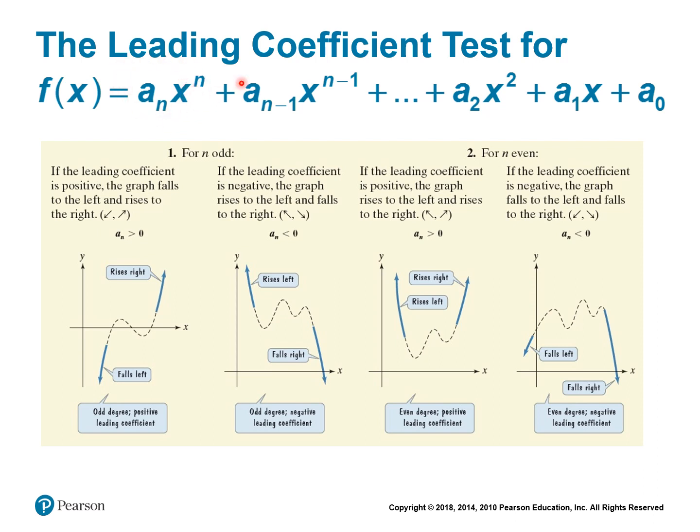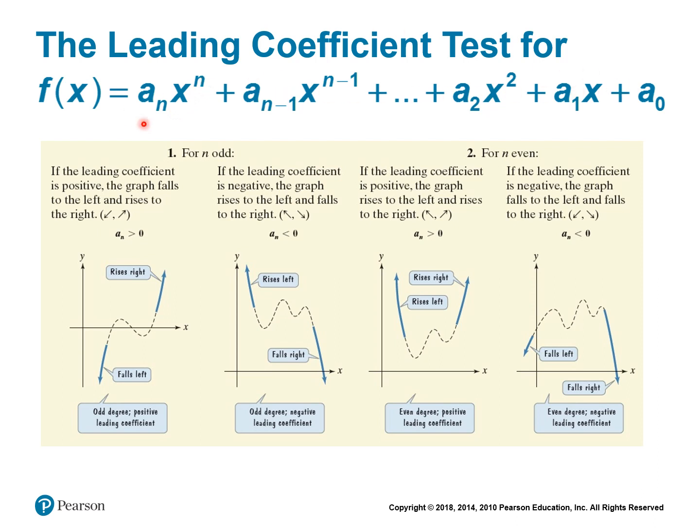To determine the end behavior, all you need to do is focus on the leading term. The leading term is the first term in an ordered polynomial. Ordered meaning the terms are arranged from the highest exponent to the lowest exponent. So n, the exponent of the leading term, is going to be the highest exponent in the polynomial.